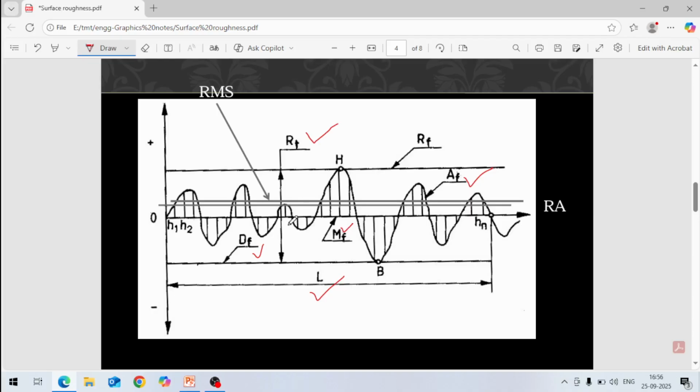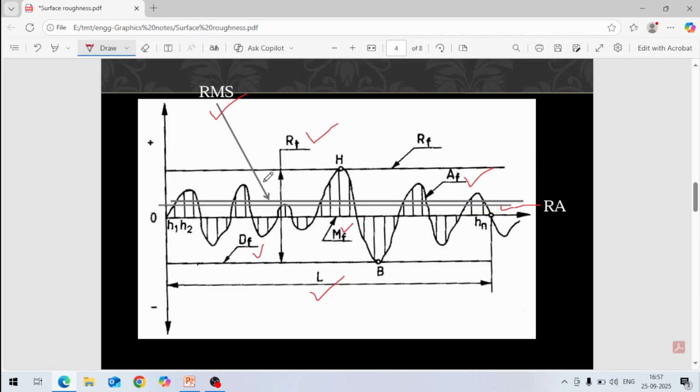And this is height H1, H2, H3, like this. This lower line, this height is the RA value. RA means average roughness. And this top line is the RMS value. RMS is root mean square value.